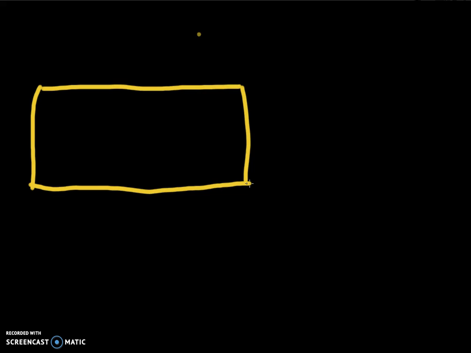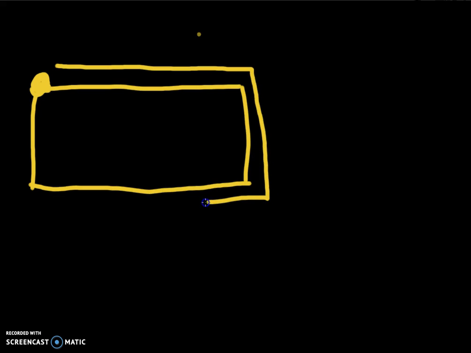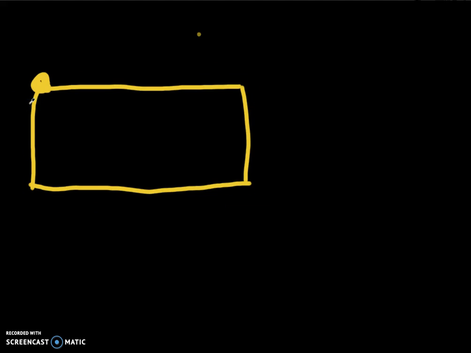The first step to finding the perimeter is drawing a dot on one of the vertices. From over there, we measure the length around the whole shape until we come back to that dot.